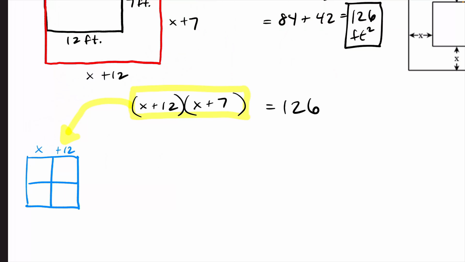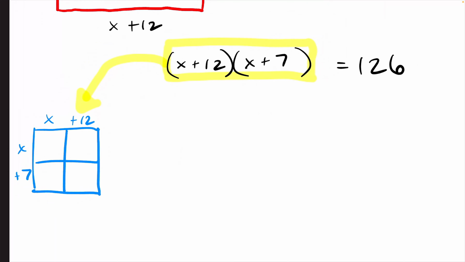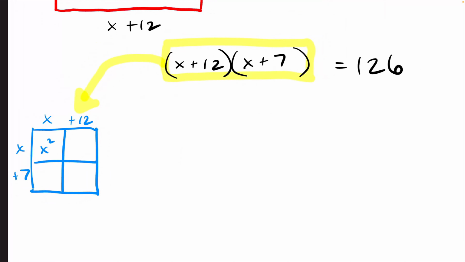X plus 12, X plus 7. X squared plus 12x plus 7x plus 84. Combine like terms. X squared plus 19x plus 84. Move it back in.